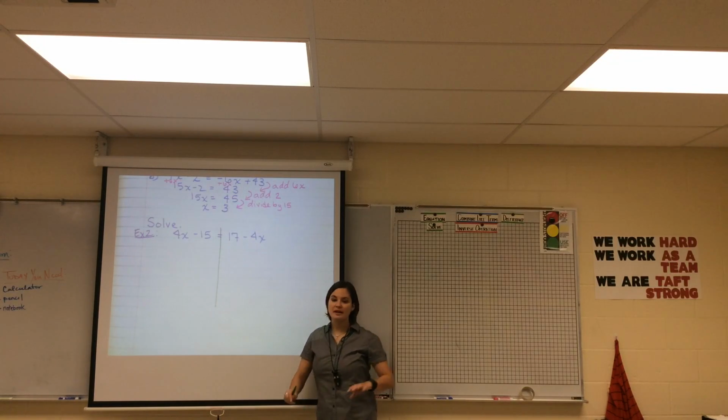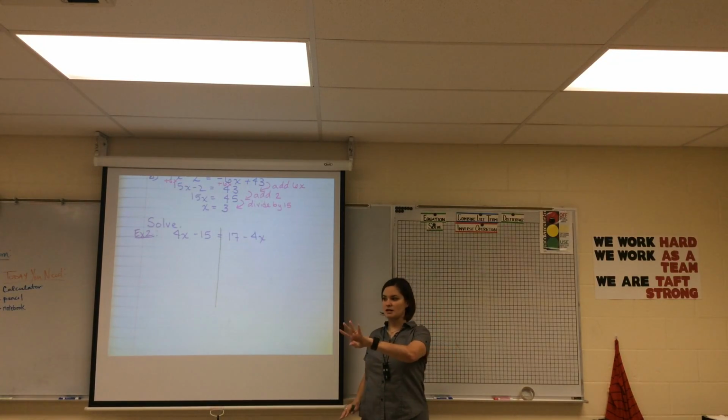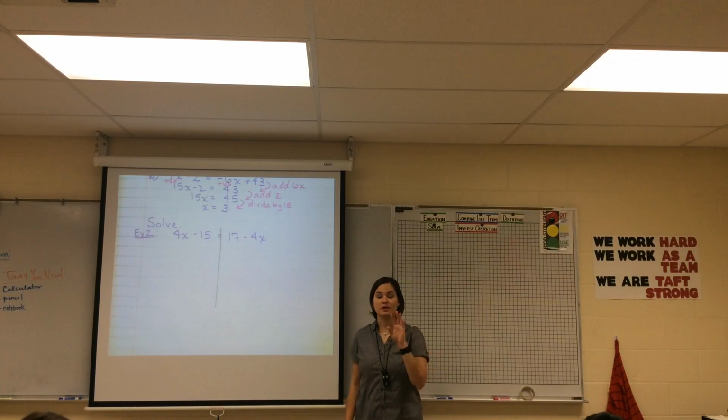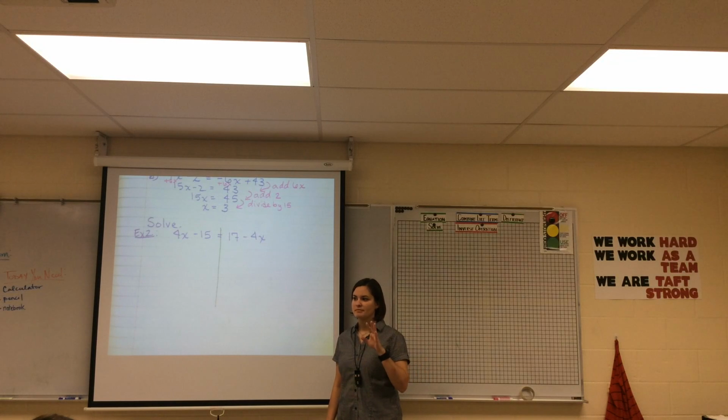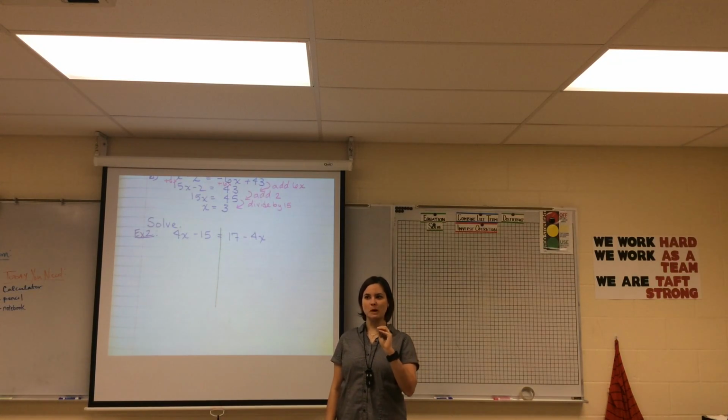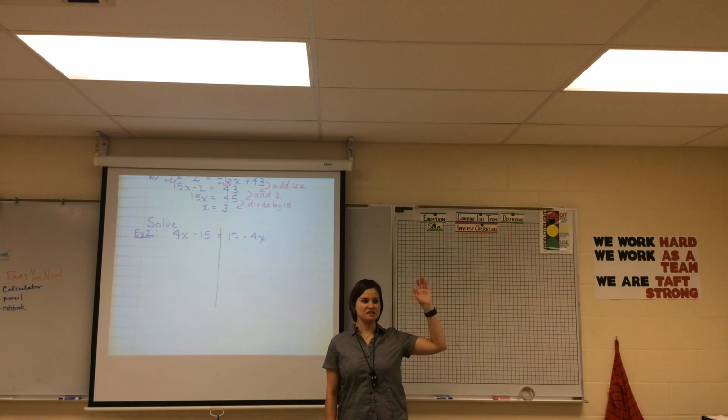All right. So any of those 4 ways that we just talked about, you can do and still be correct. I'm going to model for you the method that is most of the time the quickest way. Because when it takes you a lot of space to solve a problem, how many of you get discouraged when you think, it's taking a lot of space, I must be doing it wrong?